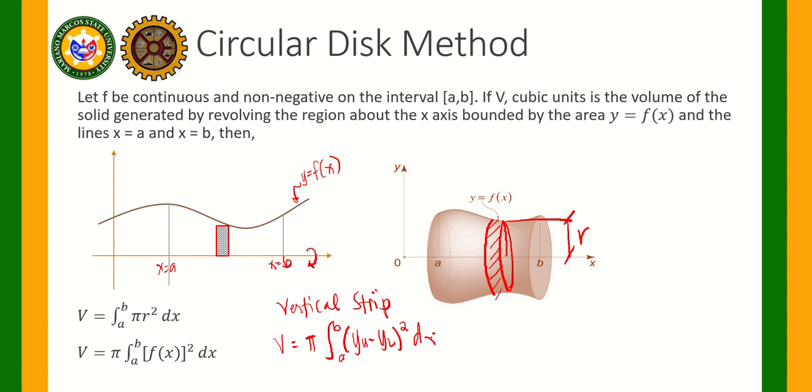Of course, this is dx since vertical strip. Now, for a horizontal strip, our volume will be equal to pi times the integral of (xr minus xl) quantity squared dy, limits from a to b. So, these are the formulas we will use if we choose a vertical strip and or a horizontal strip.